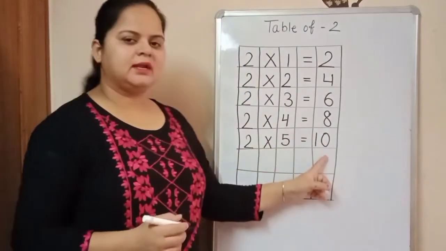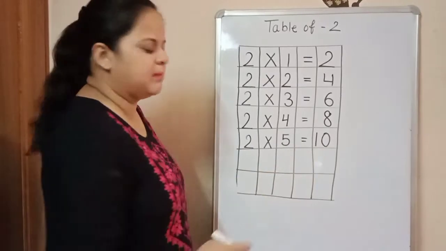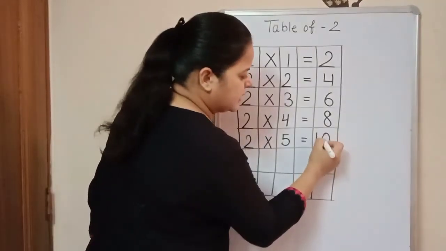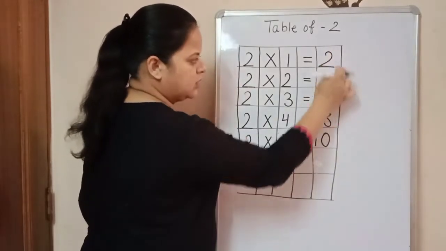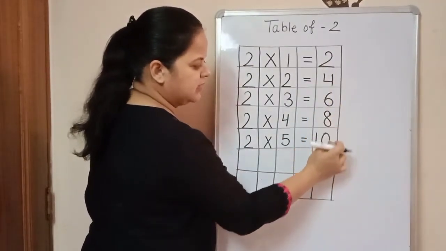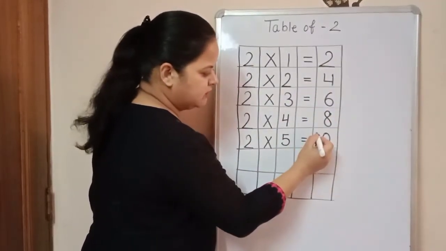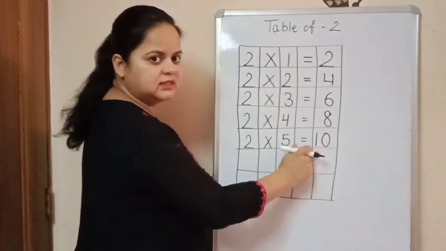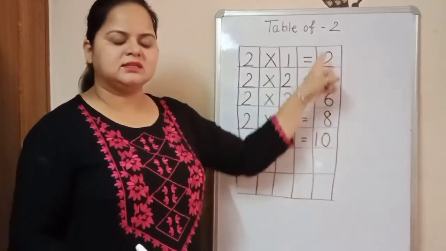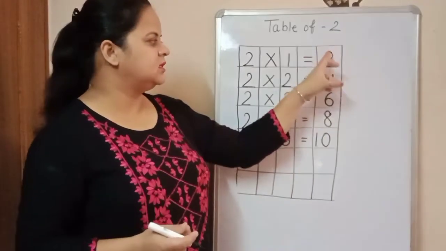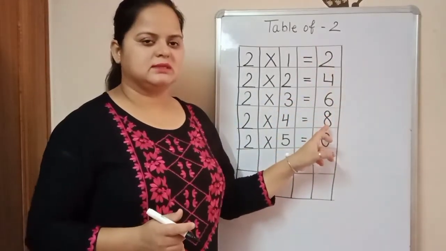2 fives are 10. And always remember this thing. When you are writing 10, 0 will come below all these numbers 2, 4, 6, 8. And 1 will come on this side, because these all are single digit numbers, ones.